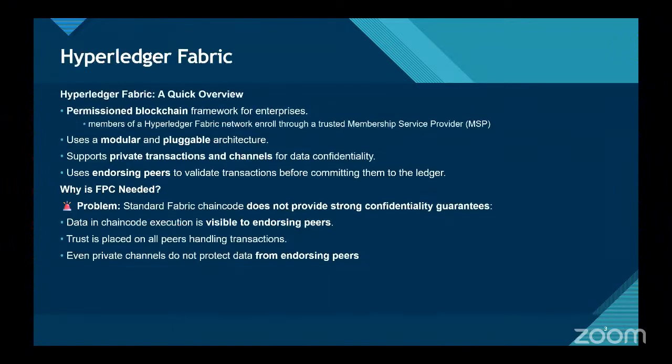Fabric is a permissioned blockchain framework for enterprise solutions, which means that, unlike other blockchain solutions where users are not authenticated and are all able to view the execution of a chaincode logic, which is not applicable for enterprise solutions, Hyperledger Fabric is a blockchain network that uses a membership service provider.